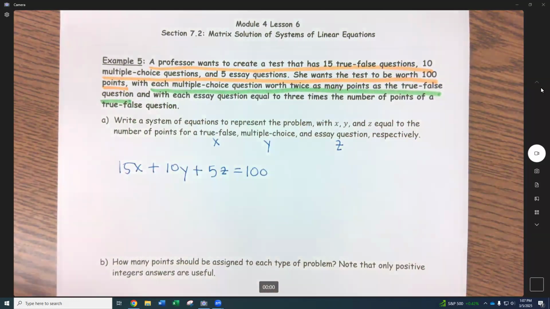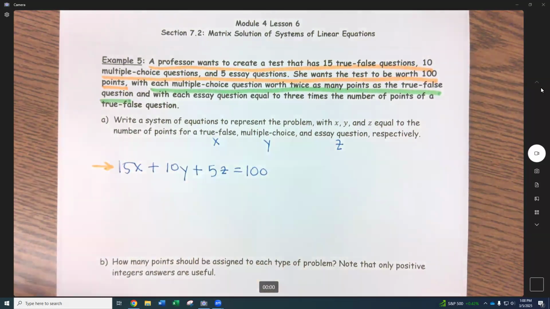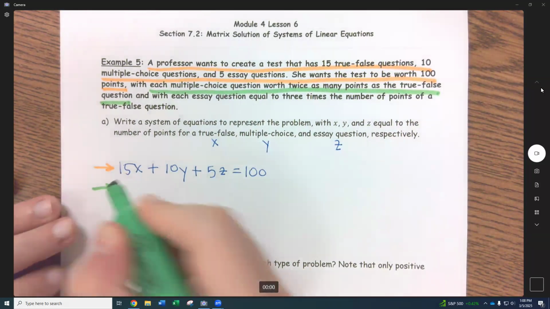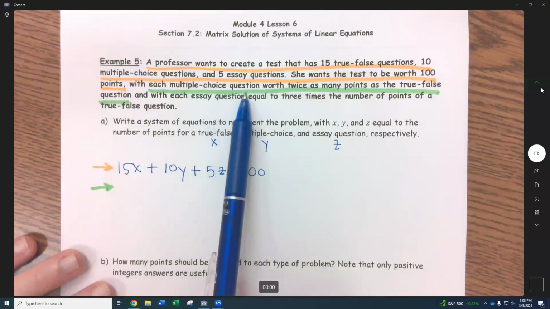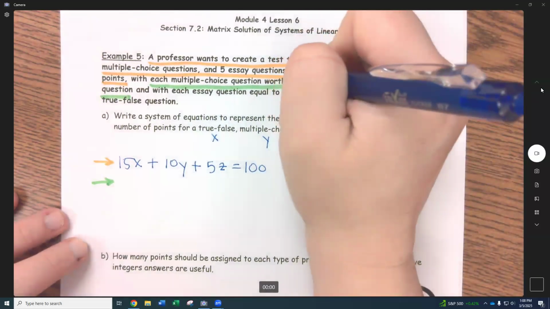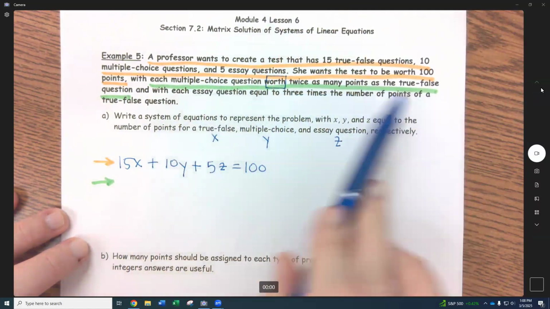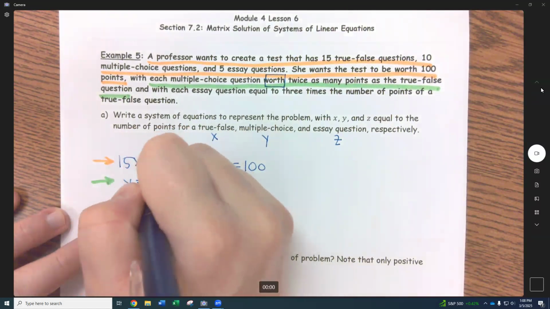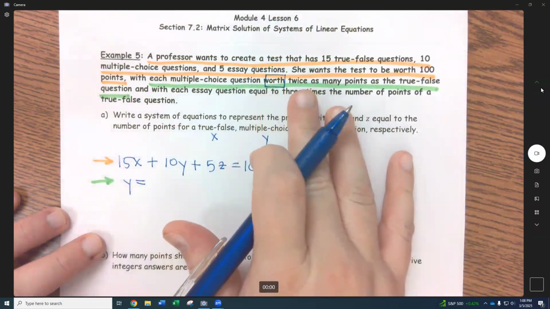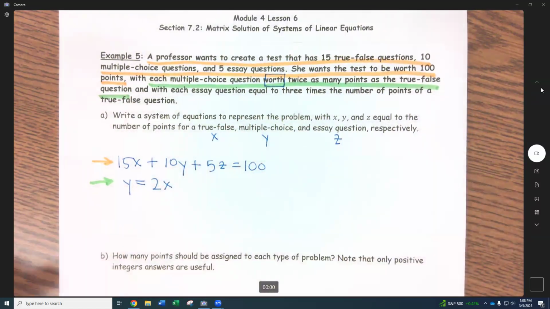So each multiple choice question is worth, there's my equal sign, twice as many points as the true false. So multiple choice is y. Worth is my equal sign. Twice as many points as true false, so 2x. Okay, there's my second equation.